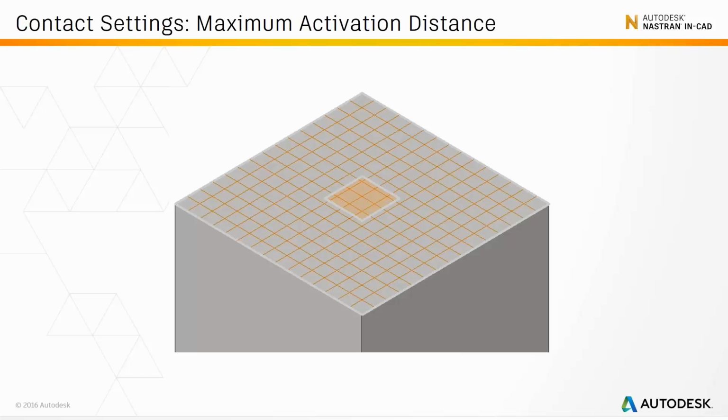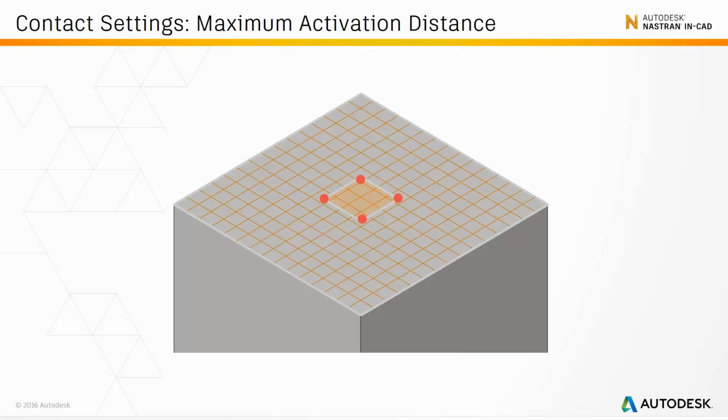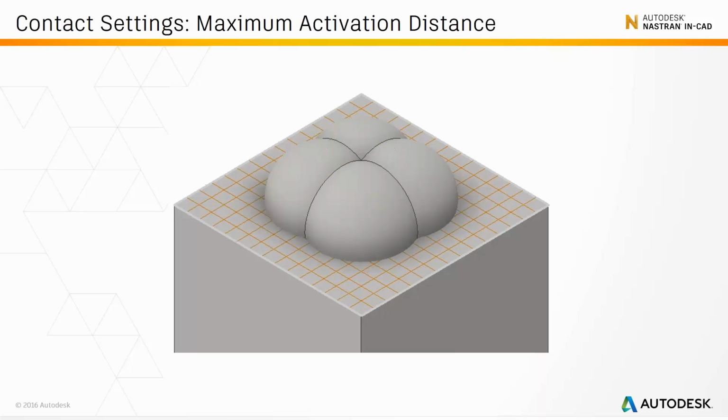And you'll see here that in this instance we've got a box, and you can see a mesh that's been defined on the top of the box. You can see one element, the largest square element, that's sitting on the top there. Now if we were to define the maximum activation distance as a measurement, then it would use the nodes at each point of that element and, based on the measurement that we assign to it, define a sphere around that element.